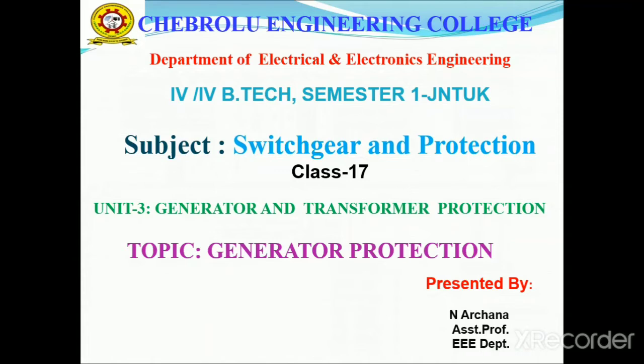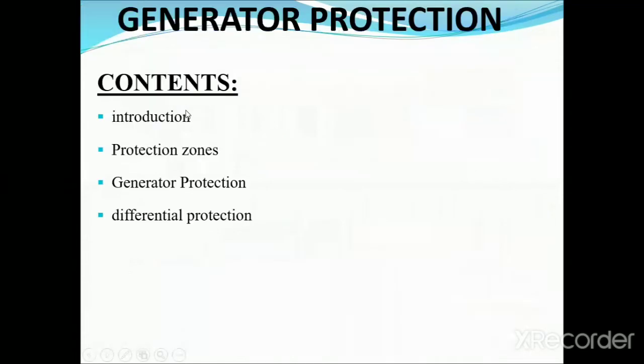Okay, for the generator two basic protections are there: the thermal overload protection, and the next one is the short circuit protection. The generator is given protection for short circuit and also thermal overload. In today's class I am discussing the introduction to the generator protection.